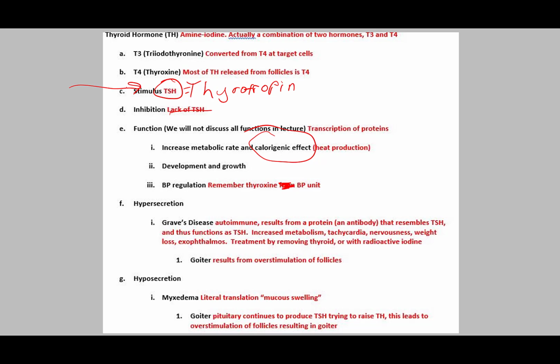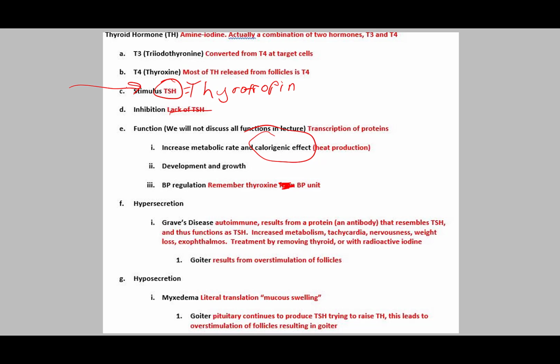So in the case of hypothyroidism, we can get something called myxedema, which means mucus swelling, because you start to have mucus building up in the body. You start to get very swollen looking. But in the case of hypothyroidism, you can also get goiter.